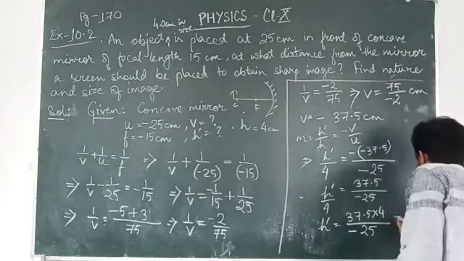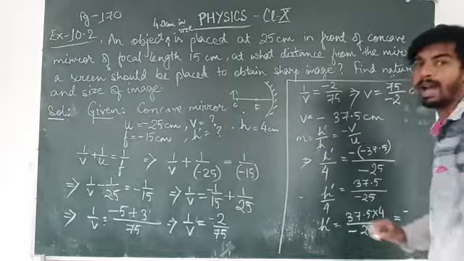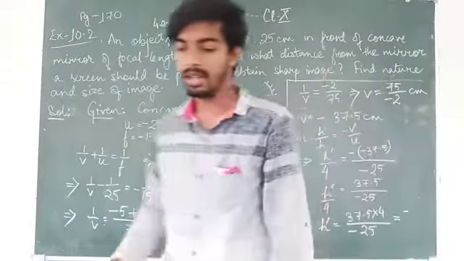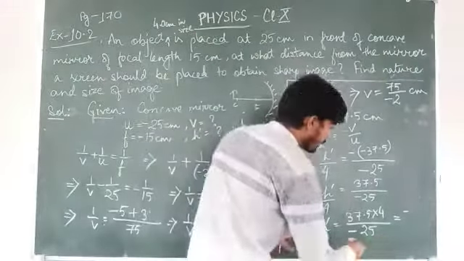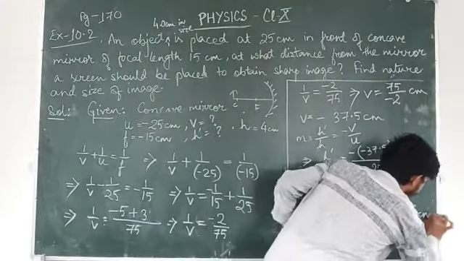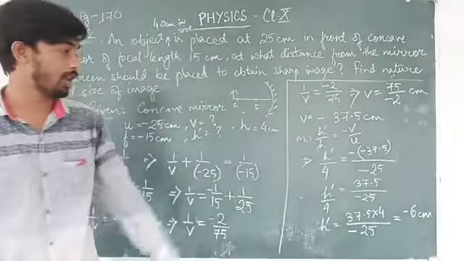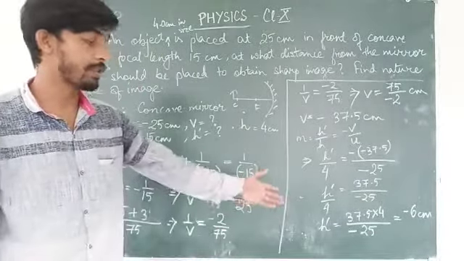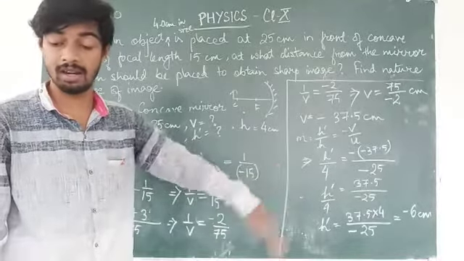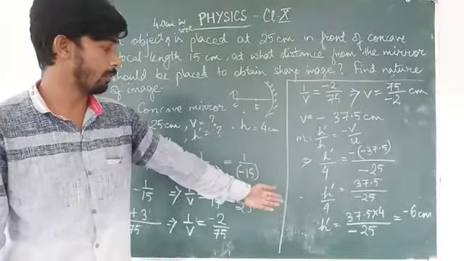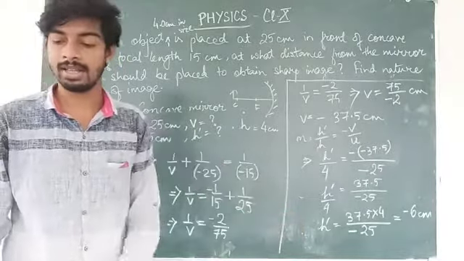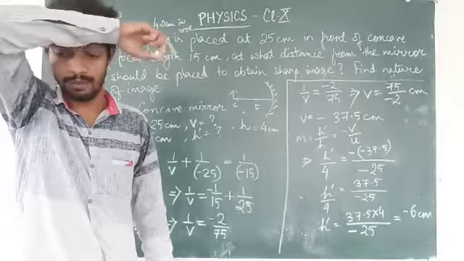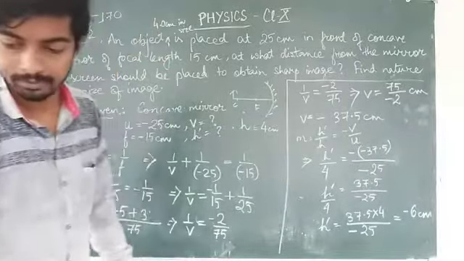So finally, your h dash will come in minus, which is minus 6 cm. If you have a problem, you can solve it and try it. I don't have enough space left on my board, so I directly wrote it there. H dash will be minus 6 cm. After solving everything, we'll get it like this.